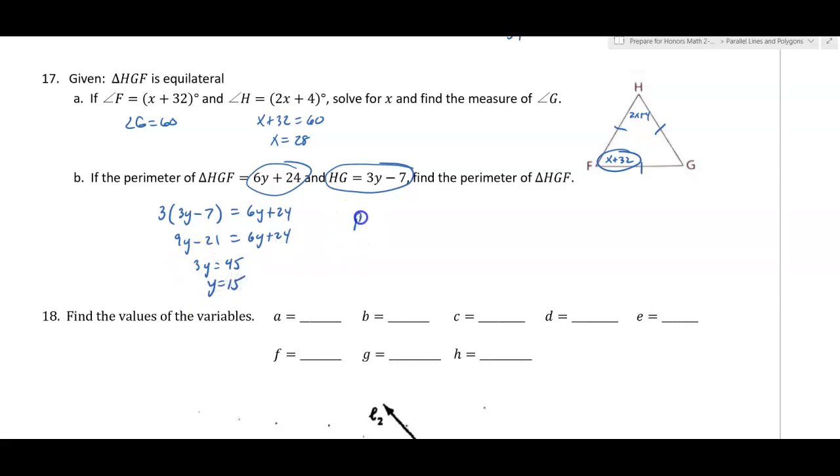So the perimeter then would just be 6 times 15 plus 24. 6 times 15 plus 24 is 114.